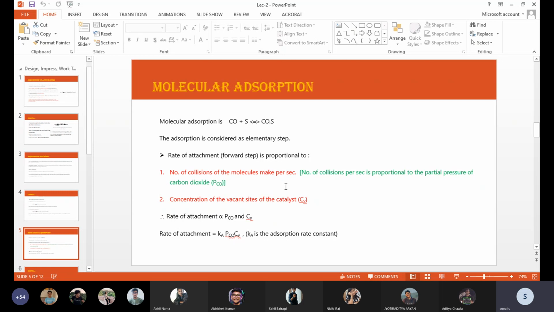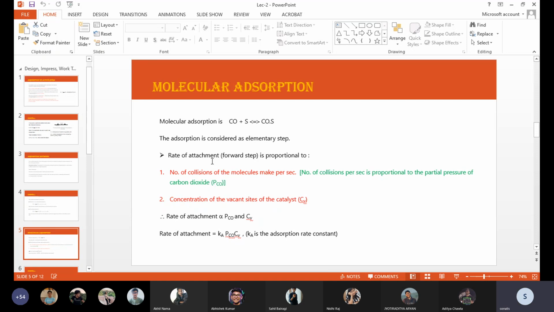Just visualize that we have a solid surface and on top of it carbon monoxide gas is there. If you increase the carbon monoxide pressure, then obviously the collisions of the molecules with the solid surface will be much more. The more the number of collisions, the more is the chance of getting adsorbed on the active sites.